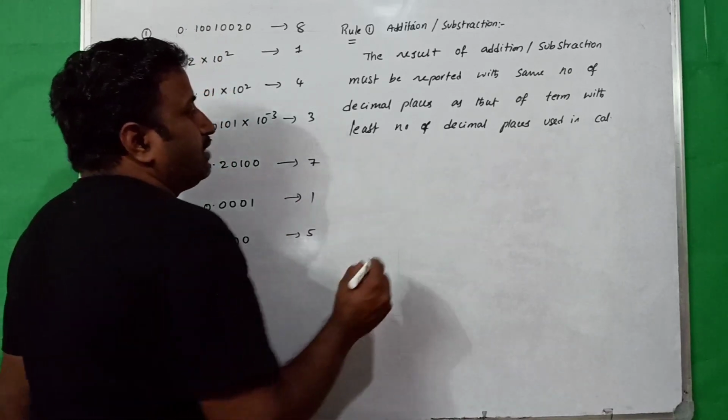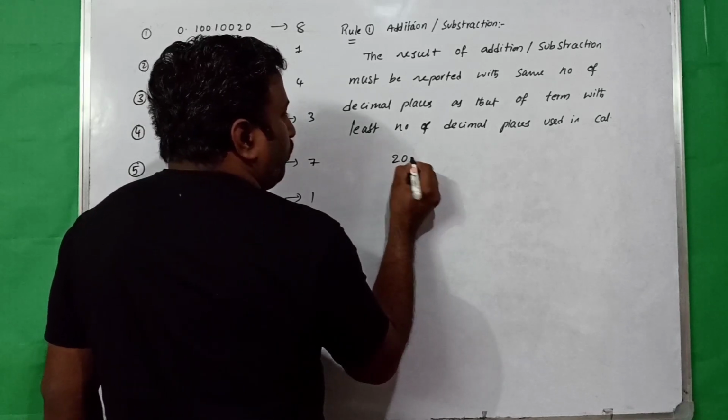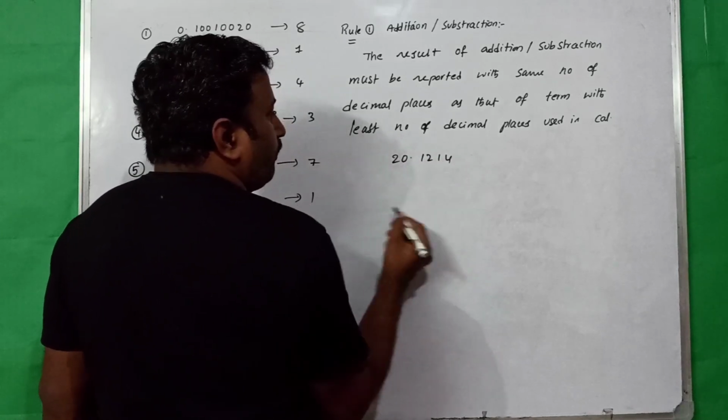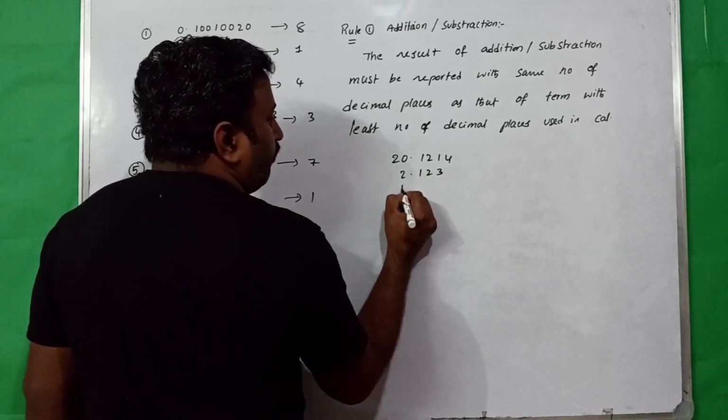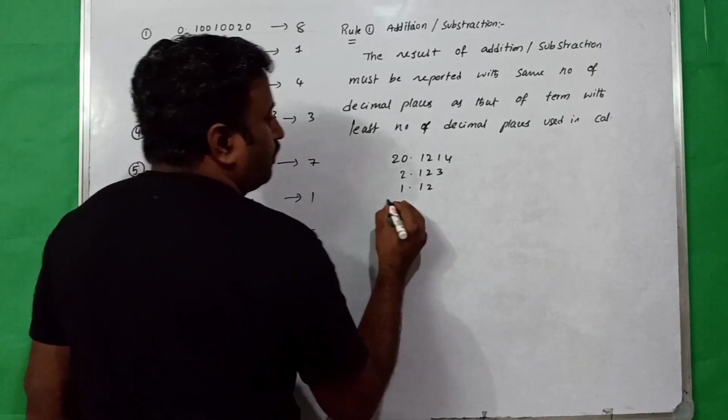Directly we have to see the number of decimal places in any given term. Let me explain with one example. There is 20.1214, 2.123 and 1.12.